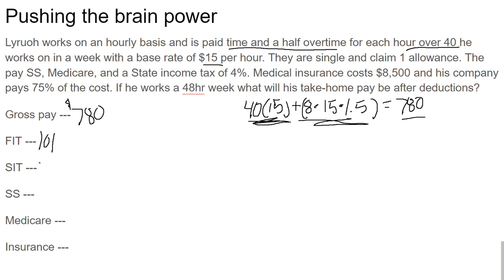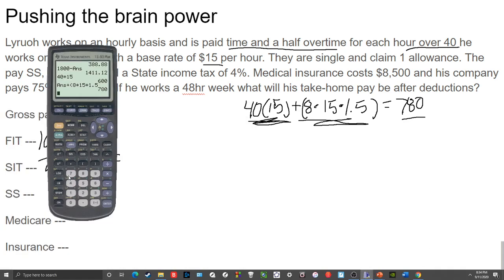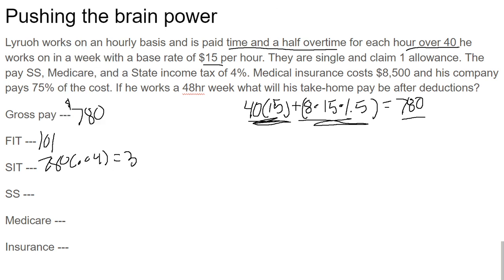They say that the state income tax is 4%. Okay, so 780 times 0.04 for the state tax. Let's go ahead and solve that out here. 780 times 0.04 gives 31.20. Social Security is at 0.062, so 780 times 0.062.